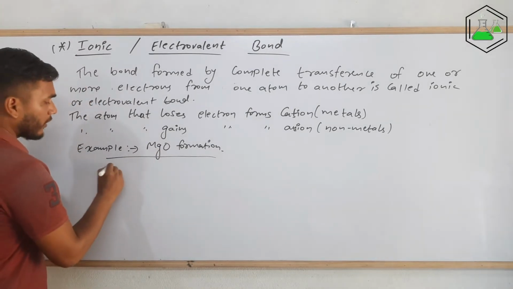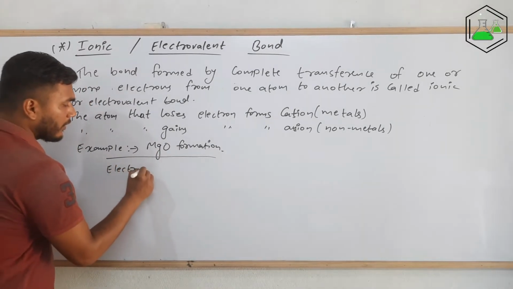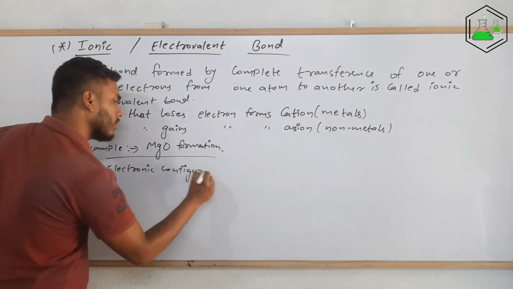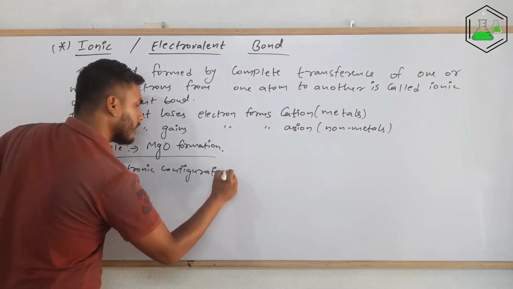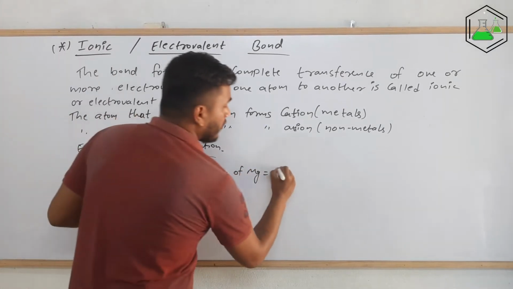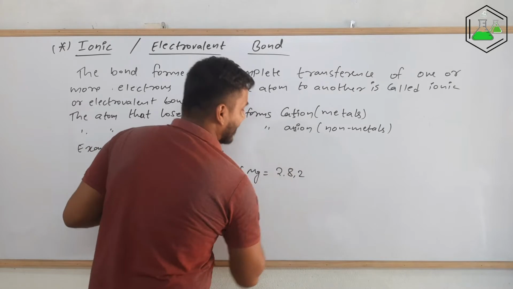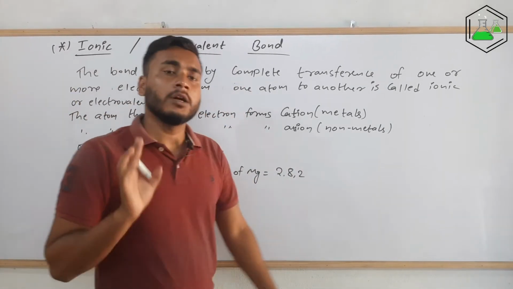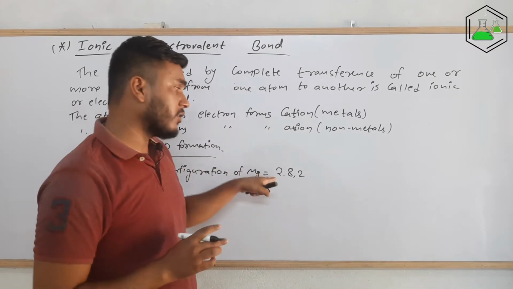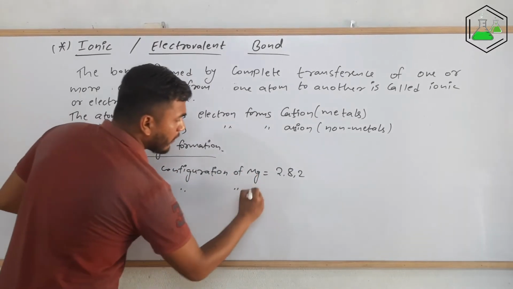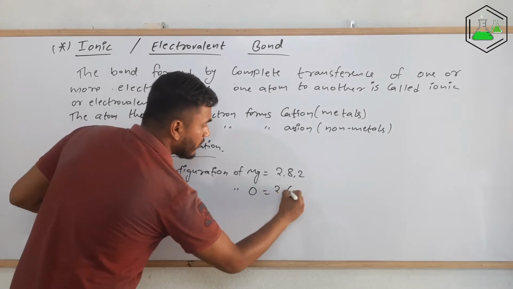If we see the electronic configuration of magnesium, it is equal to 2, 8, 2. Magnesium has 12 electrons. That means its atomic number is 12. So its electronic configuration is 2, 8, 2. And electronic configuration of oxygen is 2, 6.